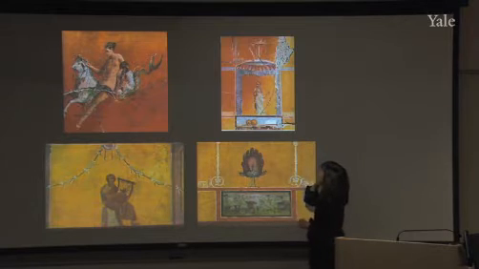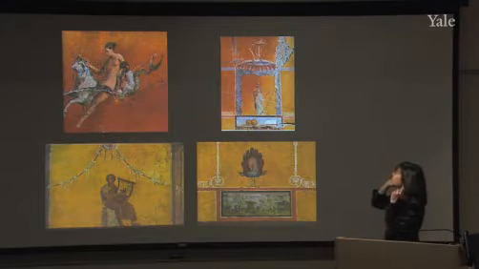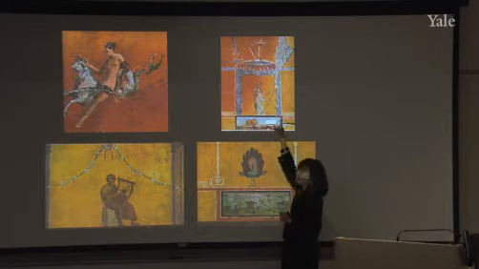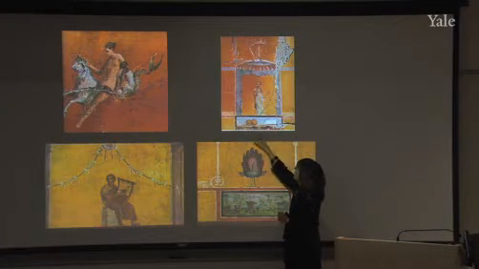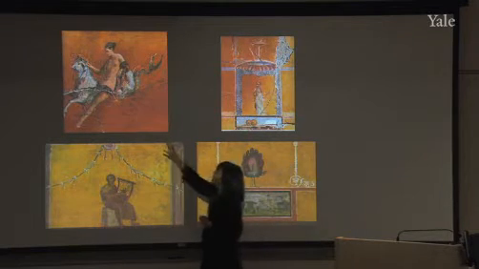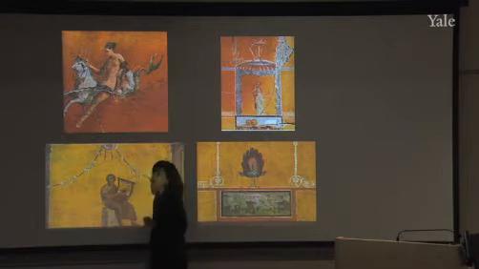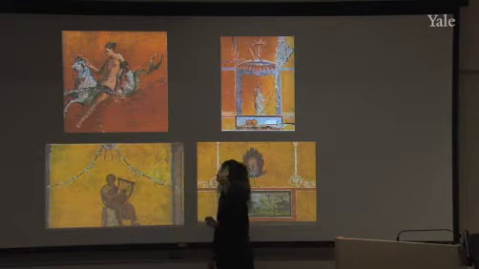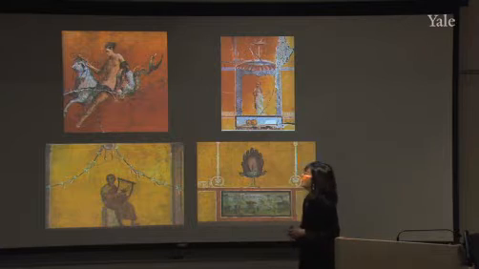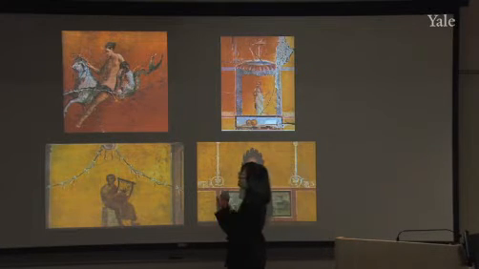Up here, a mysterious figure with a sacrificial dish standing in a niche with a shell decoration at the top, and then a still life painting with fruit down below. And then up here, something that we're going to see becomes ubiquitous in third style Roman wall painting, a figure that floats in the center of a colored panel, either red or black or white.